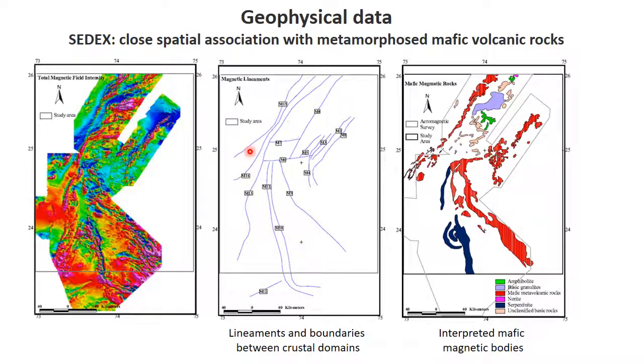Their distance to these features may be important. And then, of course, you could just use the magnetic data itself to look at possibilities of mapping mafic magmatic rocks and their structures versus, say, background.